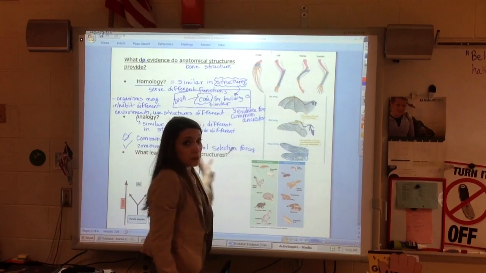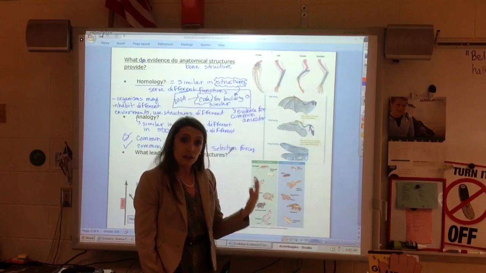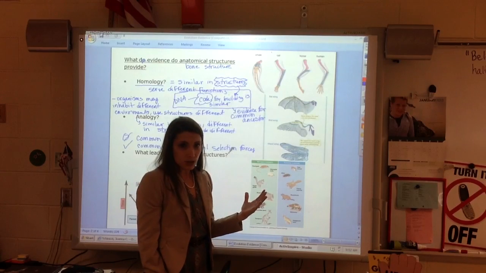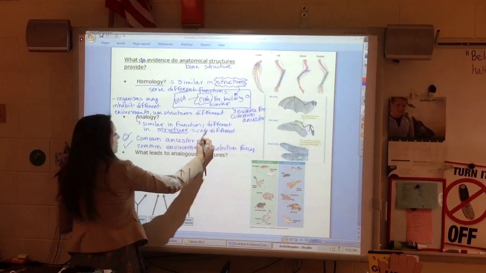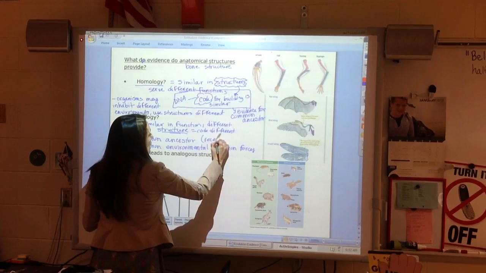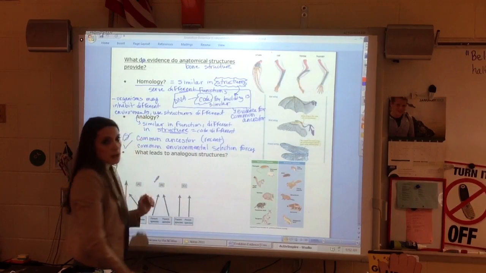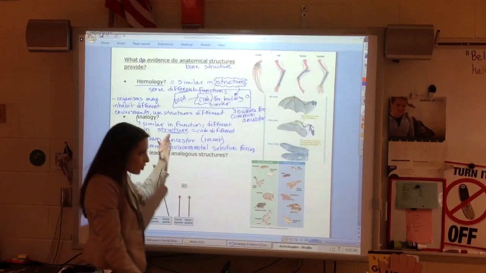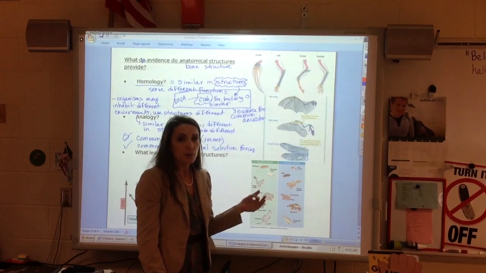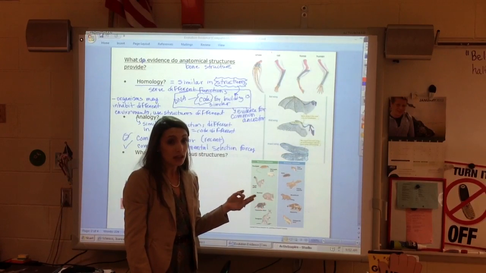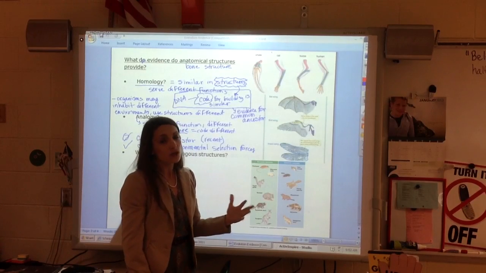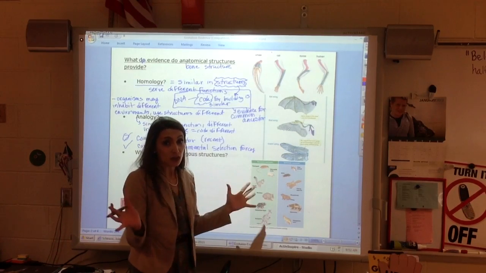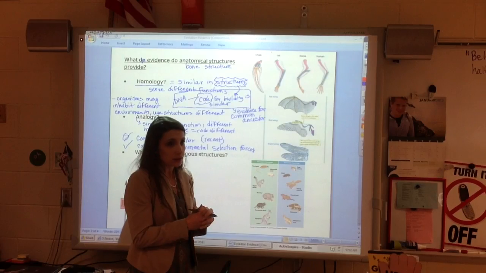Now, remember we've said that it's likely that all living things share a common ancestor somewhere, and so we do want to add in this idea of recent, meaning that the structure didn't come from the common ancestor that they last shared. This structure evolved after those organisms diverged. We'll talk about that in just a second.